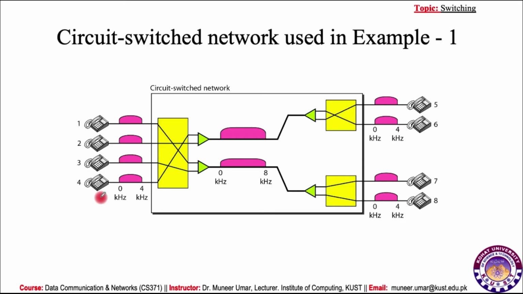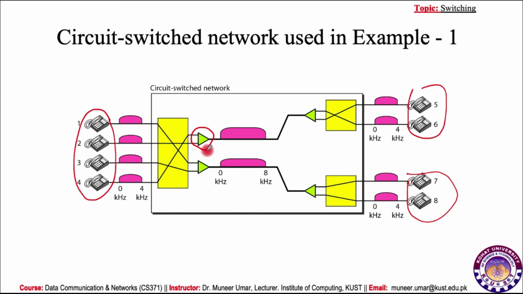Now here in this figure we can see that we are connecting 8 telephone connections, and each of these devices is using 4 kilohertz bandwidth, and in between we have some switches connected with multiplexers, and these multiplexers are actually FDMs, frequency division multiplexers.